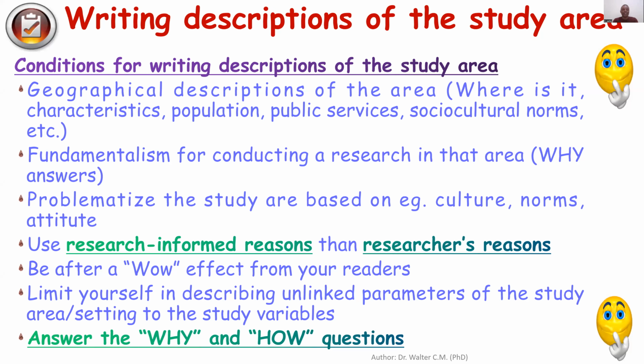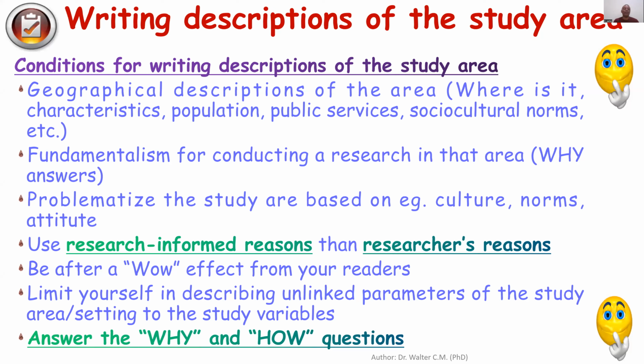Yes, so the other condition is that we, as academic researchers, are advised to limit ourselves on that kind of information. But the major issue here is that you need to answer two questions. Why questions?